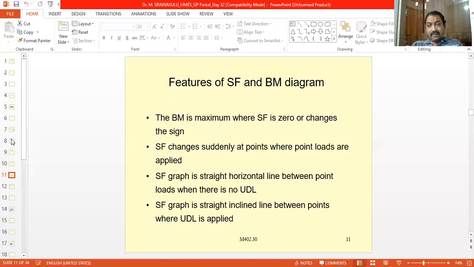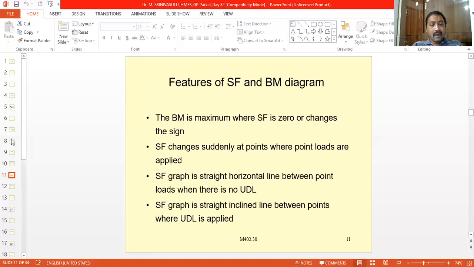Sometimes the shear force is zero, or it changes sign from positive to negative or negative to positive. At that point the value of the bending moment is maximum. We should know that the bending moment has its maximum value where the SF is zero or changes sign.